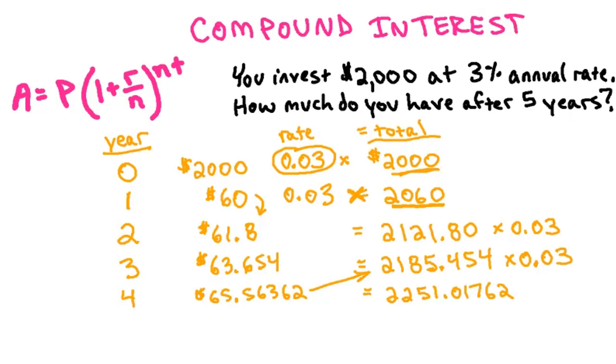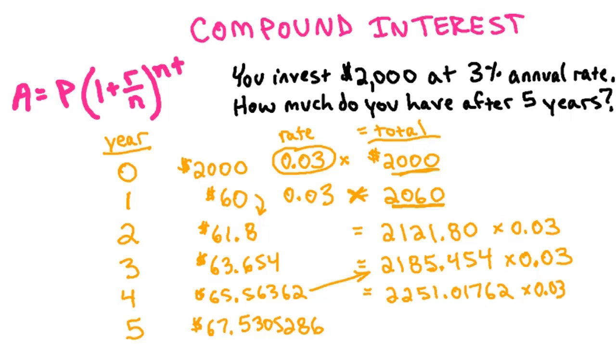$2,251.01762. Now, at the end of year 5, they're going to take 0.03 of what you have in the bank now, which is 2251.01762. So 2251.01762 times 0.03 is $67.5305286.